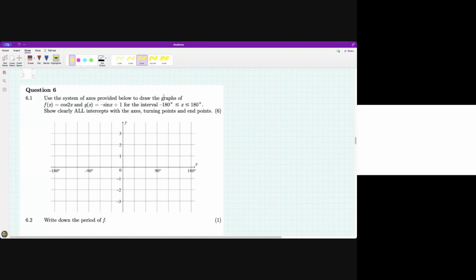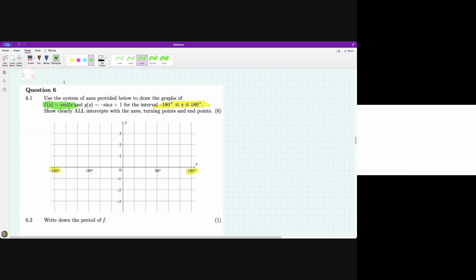And first of all, we need to see what is the domain on which we are drawing them. Well, it's minus 180 to 180. Here's my minus 180 to 180. The first graph I want you to draw is f of x is cos 2x. Can you tell me what has changed about that graph?